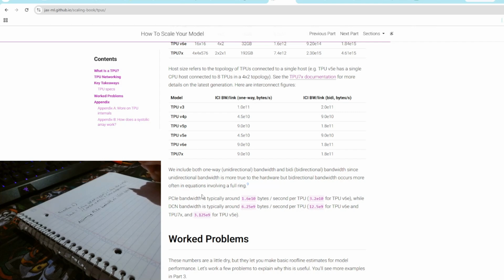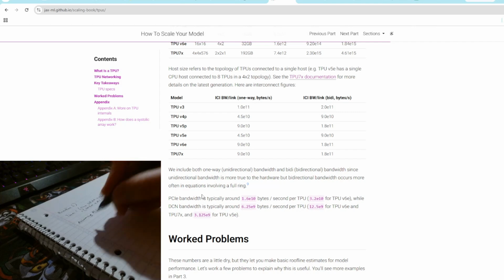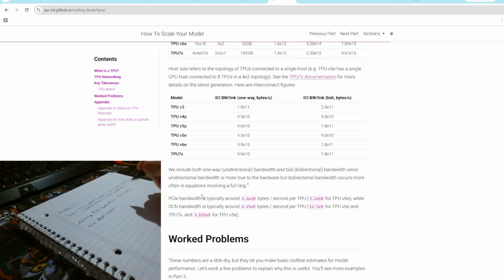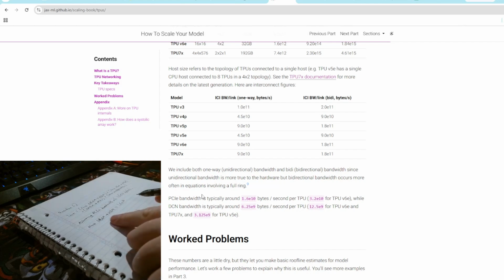Time DRAM to HBM equals 1.6 E10. Wait, this should be a distance-rate equation.